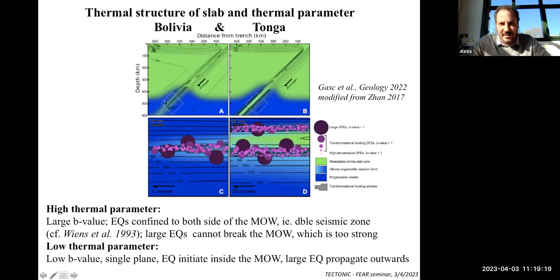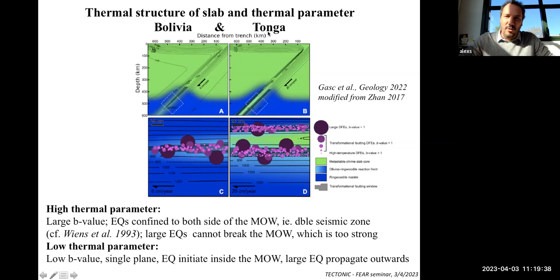Here this would be this box here, and you produce earthquakes in the metastable olivine wedge, and some of them have to actually propagate outside of it. And the question is, how can they propagate outside of the metastable olivine wedge?